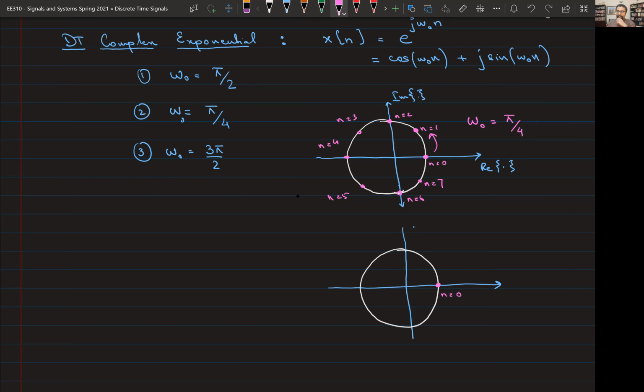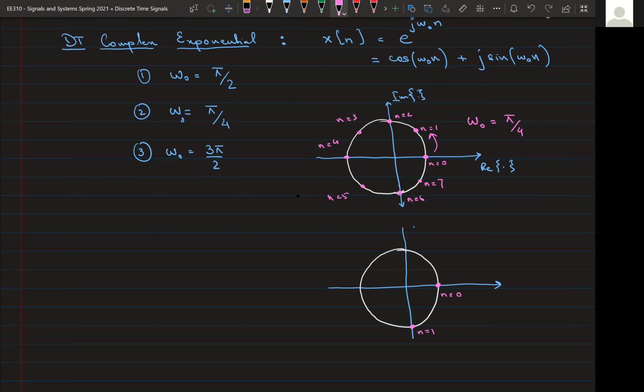So at n equals 1, this is where the point is going to be. It's actually going in a counterclockwise direction, but it has traveled a radial distance of 270 degrees, because of which it goes back down below.